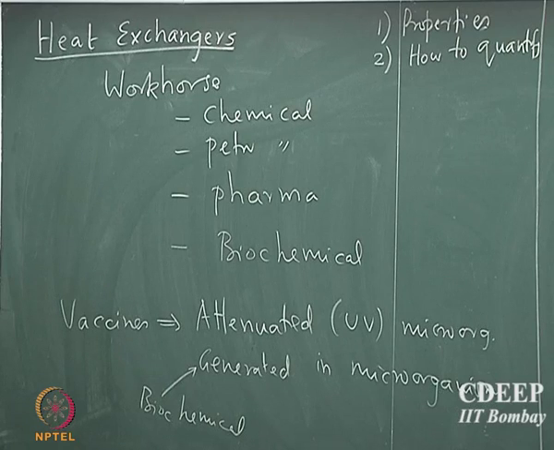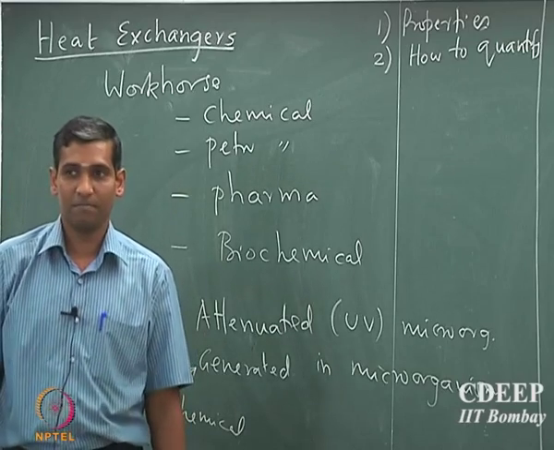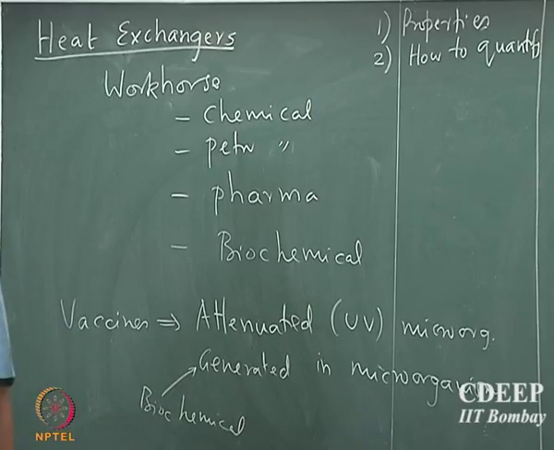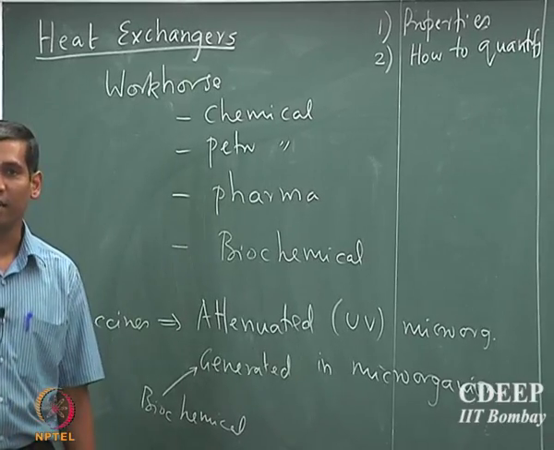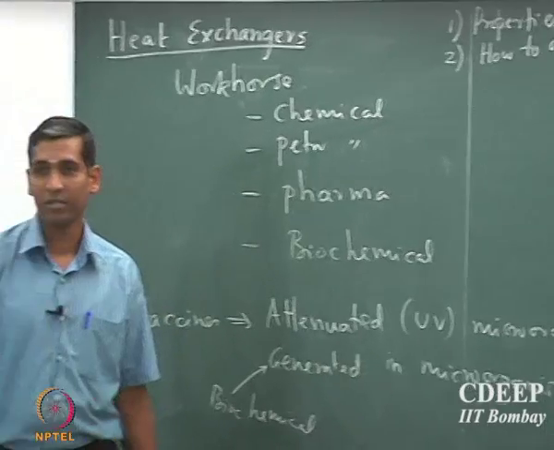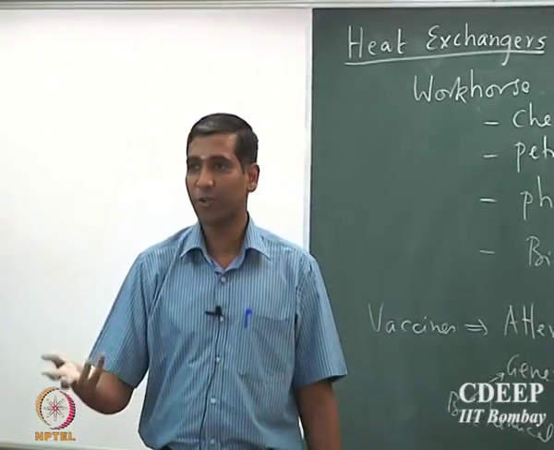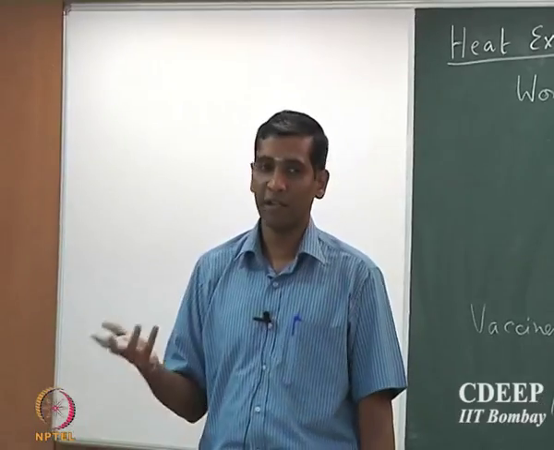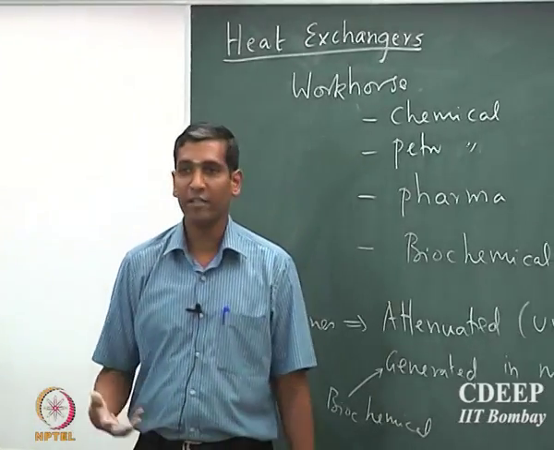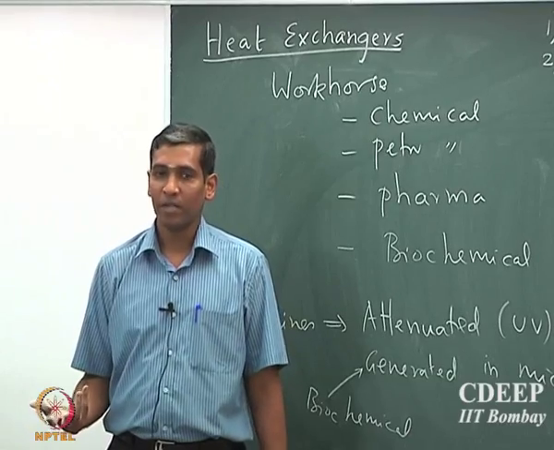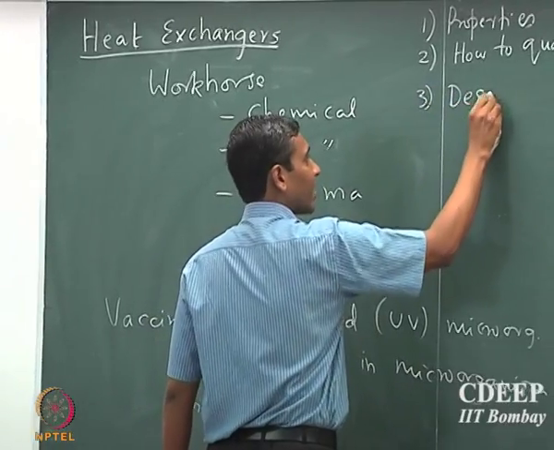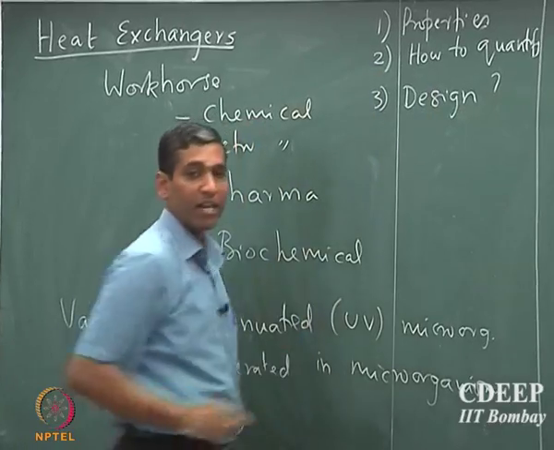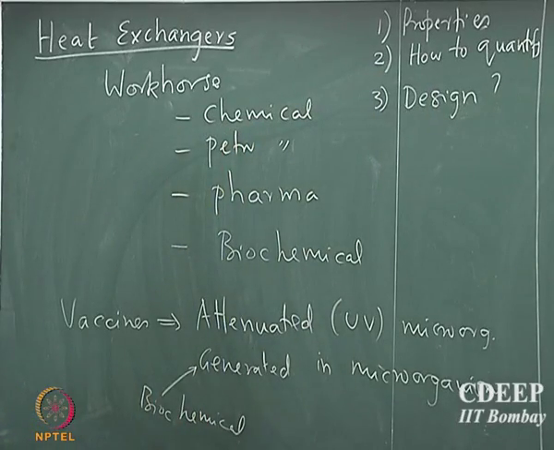Remember that the measurable quantities here are the inlet and the outlet temperatures and the flow rates, which is what all of you have measured in your lab experiments, double pipe experiments. You know what the flow rates are, you know what the inlet and the outlet temperatures are. So, based on this experimentally measurable information, can we quantify the extent of heat transport, and can we use that information to design a heat exchanger for a given system.